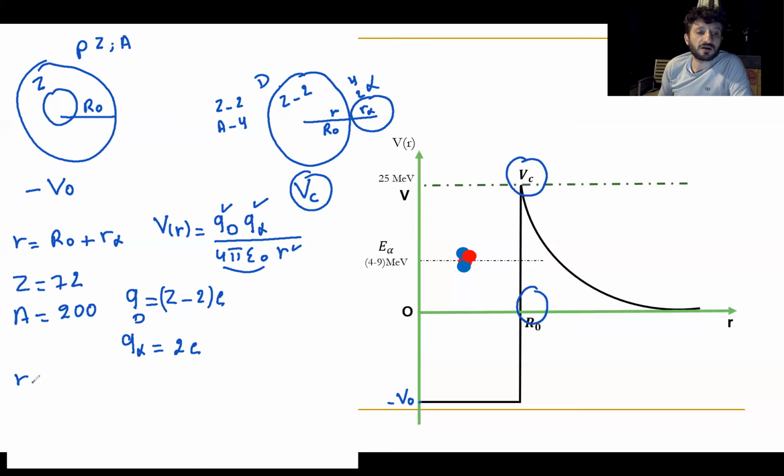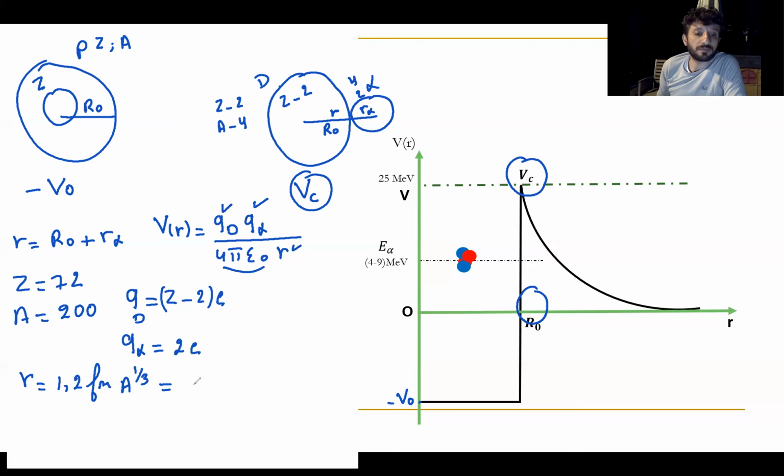R equals R0, or in general, R equals 1.2 femtometer times A power 1 over 3. You know this relation.